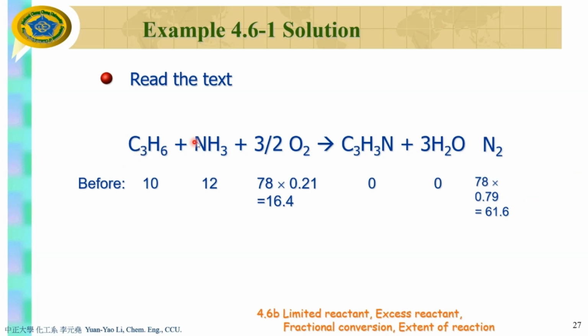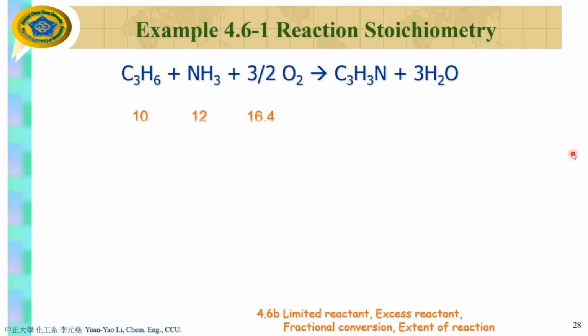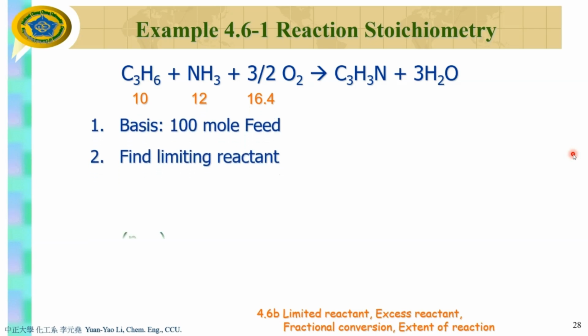There are 3 reactants, C3H6, NH3, and O2. Which one is the limiting reactant? According to what you know, there's 10, 12, and 16.4. You have to count according to the stoichiometric ratio, right? The stoichiometric ratio tells us how to find the limiting reactant.